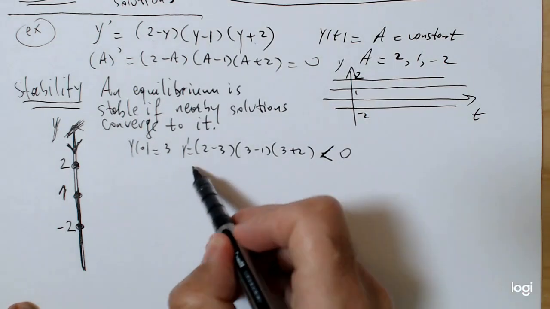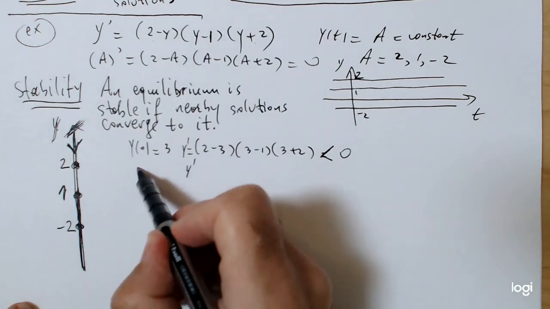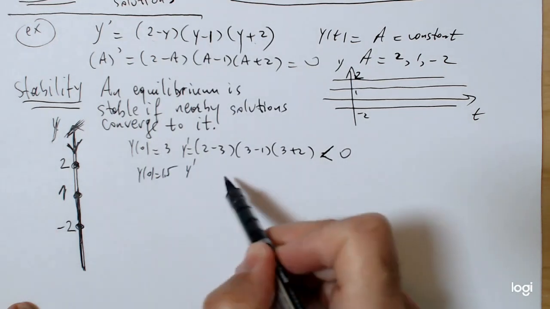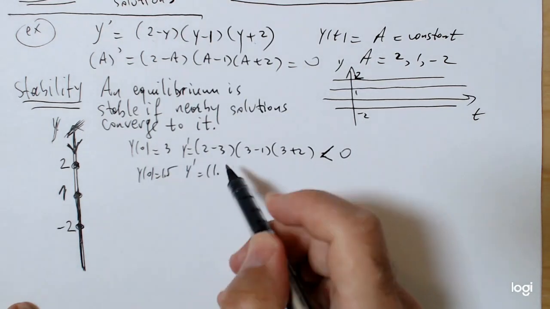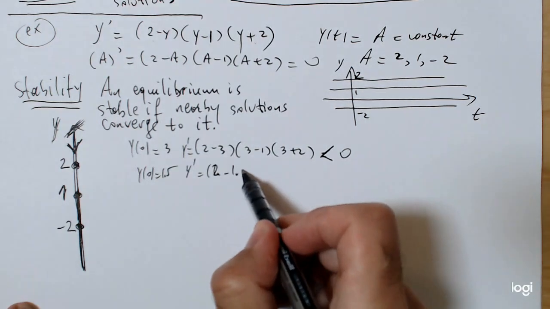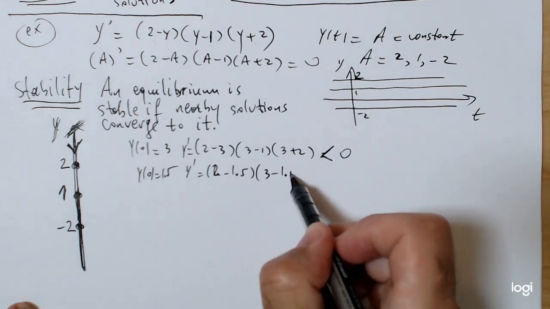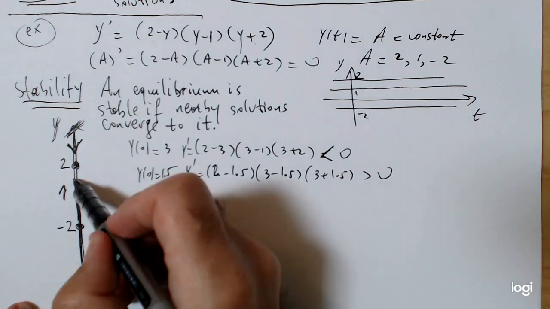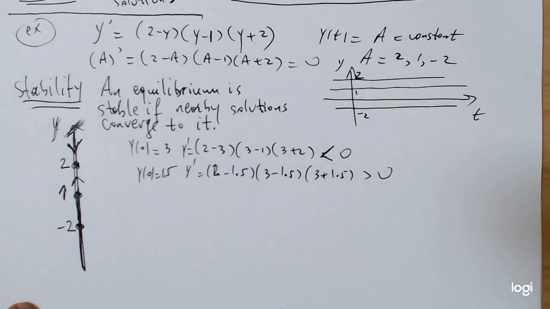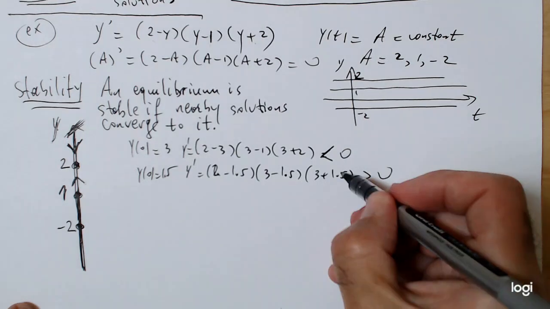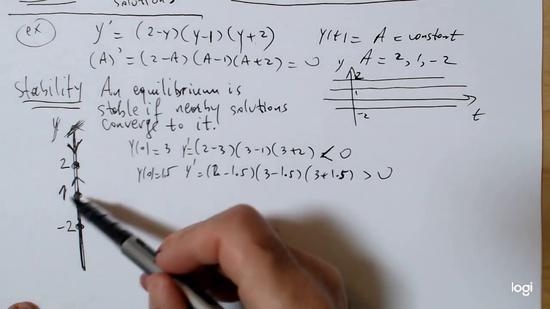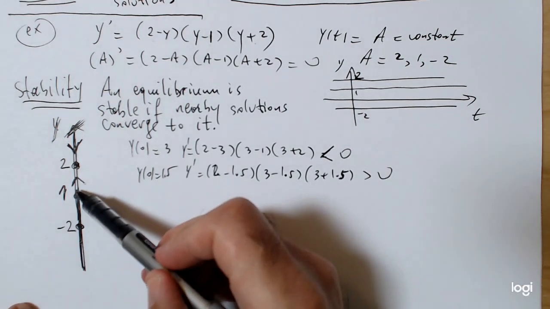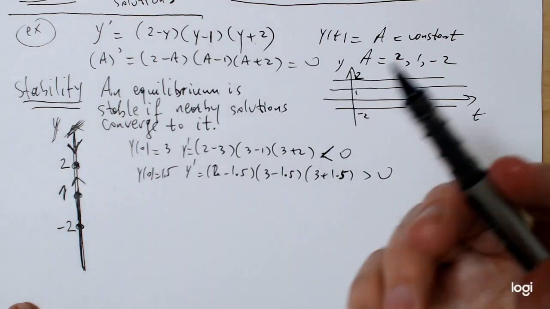So if I plug in 1.5, I get 2 minus 1.5, 3 minus 1.5, 3 plus 1.5. Obviously, it's a positive number. So if you start between 1 and 2, the solution approaches 2.